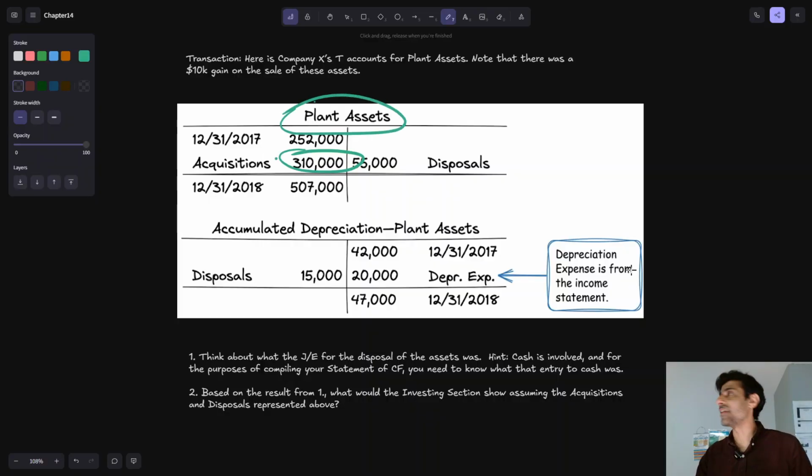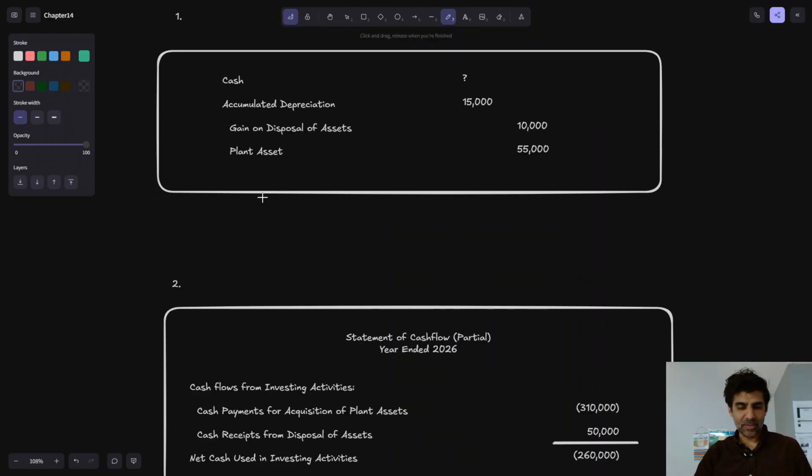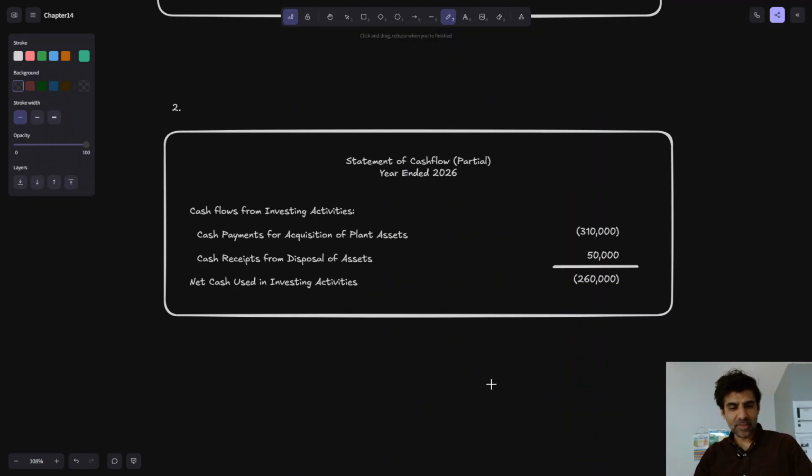It's an increase in plant assets. Negative, right? We're spending money, cash is leaving our business, and we're getting some plant asset. So we're basically going to have cash flow from investing activities, cash flow outgoing 310,000 for acquisitions, cash flow incoming 50,000. So the net is going to be 260.